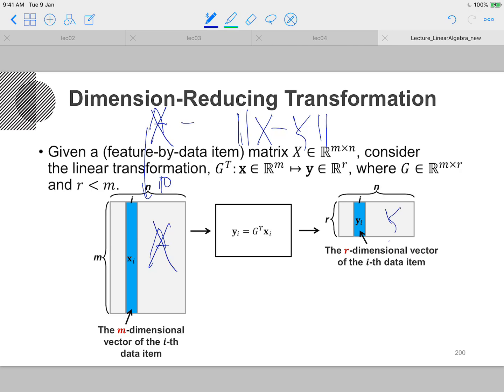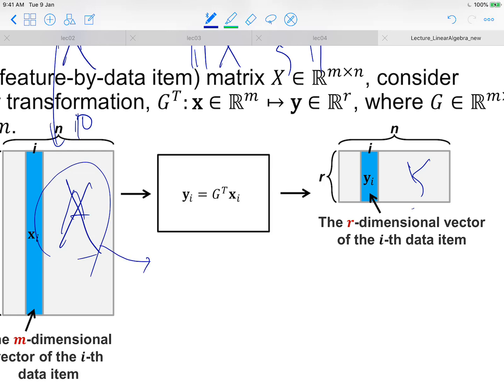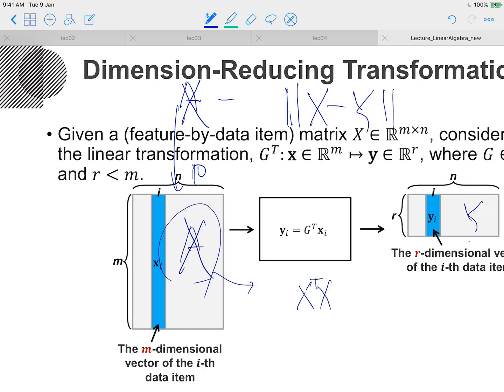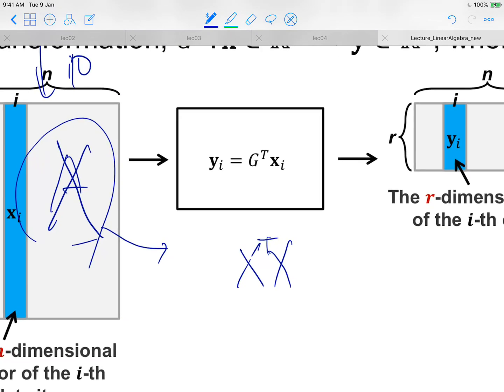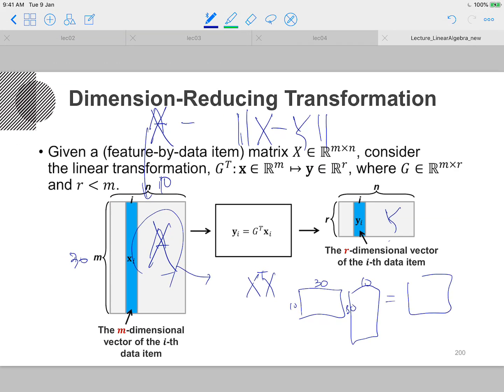And then we know that the inner product matrix, given this matrix X, is X transpose X, right? So in this case, suppose our feature dimension is originally 30, and then this X transpose is like 10 by 30 and 30 by 10, right? And then we obtain 10 by 10, which represents every pairwise inner product as a similarity score between the data items.